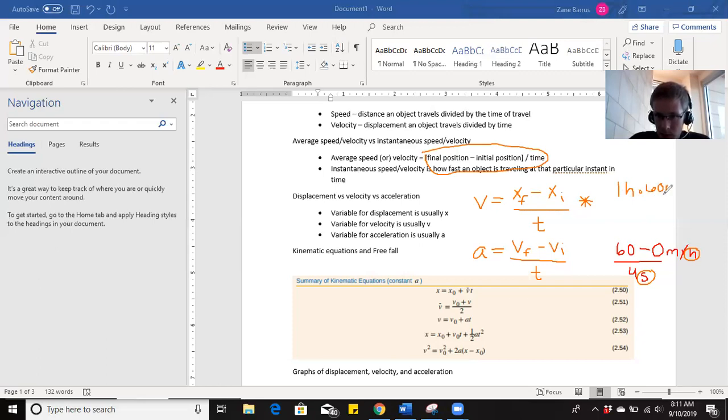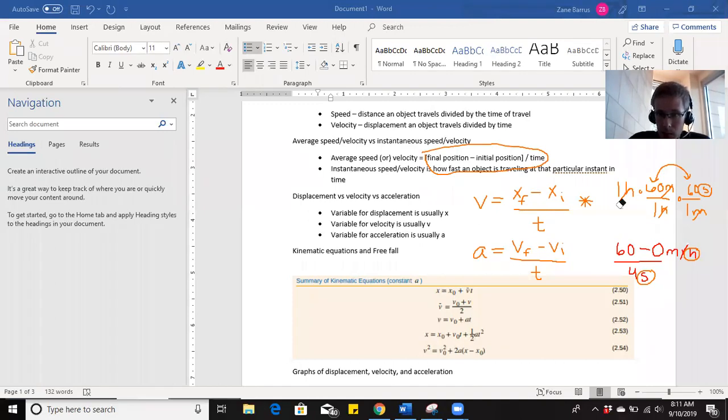minutes. So my hours will cancel. And then in every 1 minute, I've got 60 seconds. So basically my minutes are going to cancel. So my total seconds is just going to be 60 times 60, where 60 times 60 is 3,600.